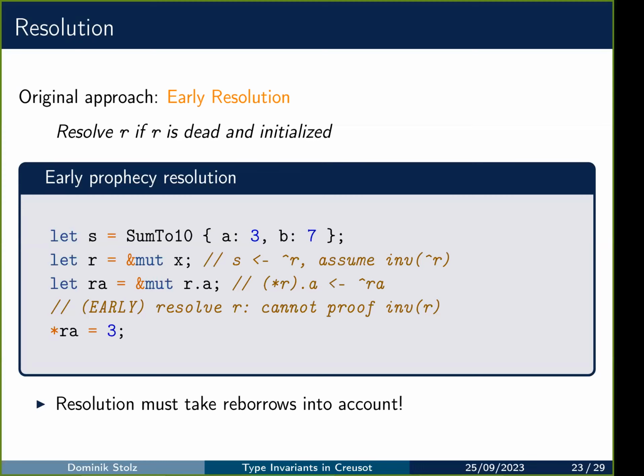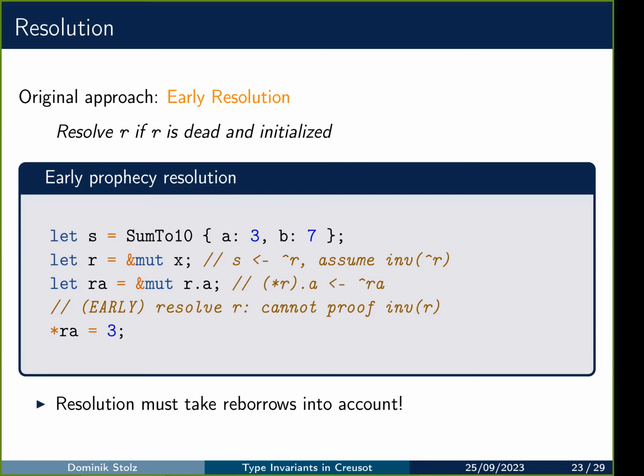And so originally, how resolution was implemented in Creusot is what I call early resolution here. But it turned out that the early resolution algorithm made many programs unprovable.